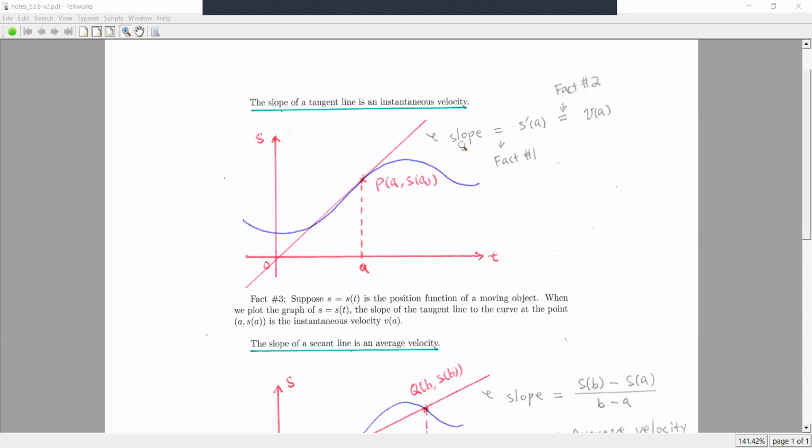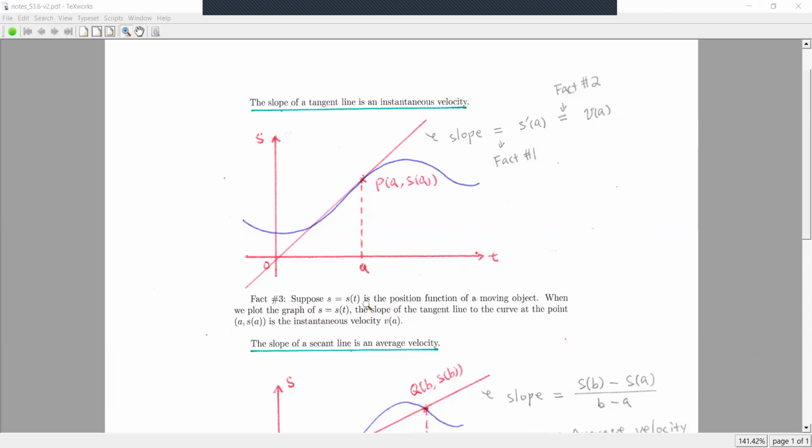Then the slope of this tangent line by fact number 1 is the derivative of the position function at A. By fact number 2, the derivative of the position function at the point A is the instantaneous velocity at A. Therefore, the slope of this tangent line is the instantaneous velocity of the moving object at the time A. Fact number 3.